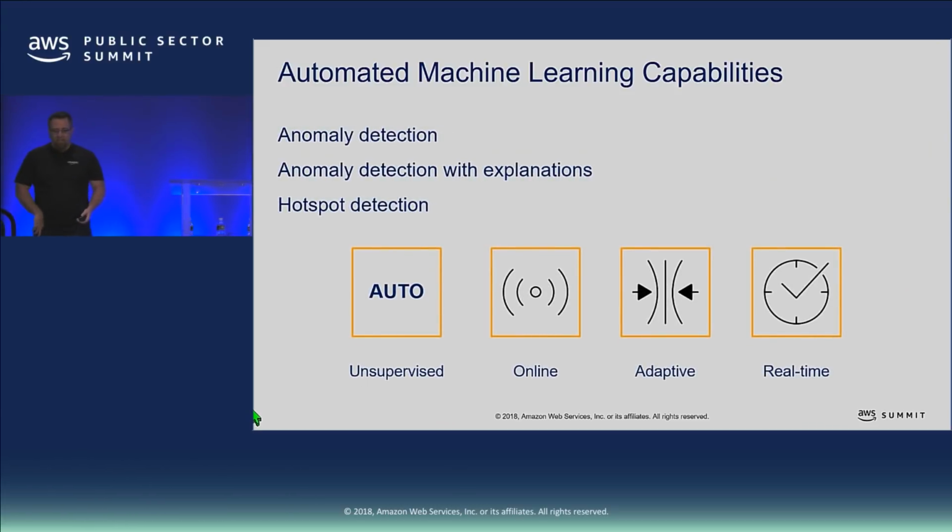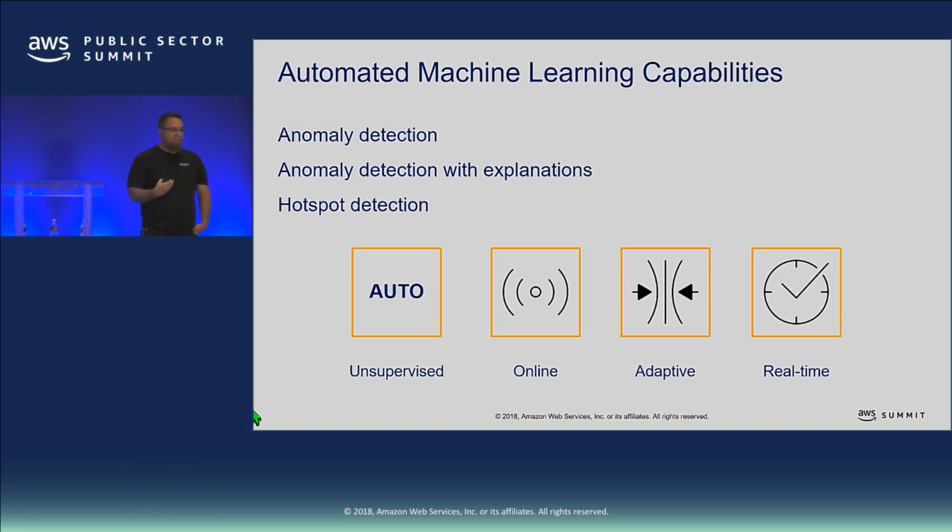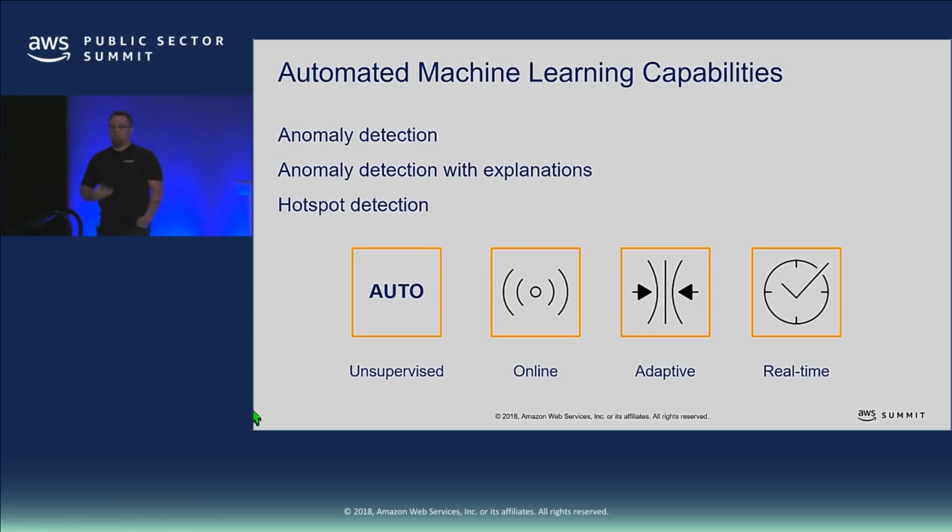And then finally, the last thing that I want to talk about is we have these built-in machine learning algorithms for you to leverage day one. The great thing about them is, again, like I mentioned, you don't have to have that deep understanding. As long as you understand how to utilize those types of algorithms, you can leverage them in your Kinesis Analytics applications. The three that we're calling out here are, first, anomaly detection.